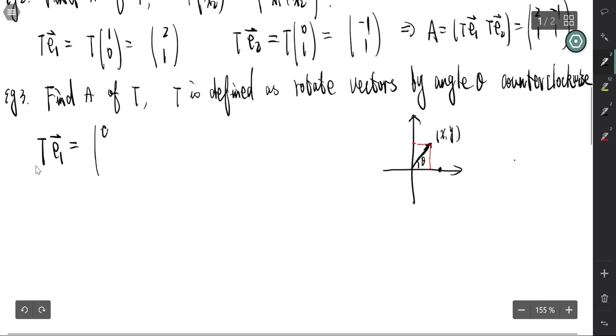The length is 1, so that is cosine theta. And the length times sine theta is the y coordinate, so that is sine theta.